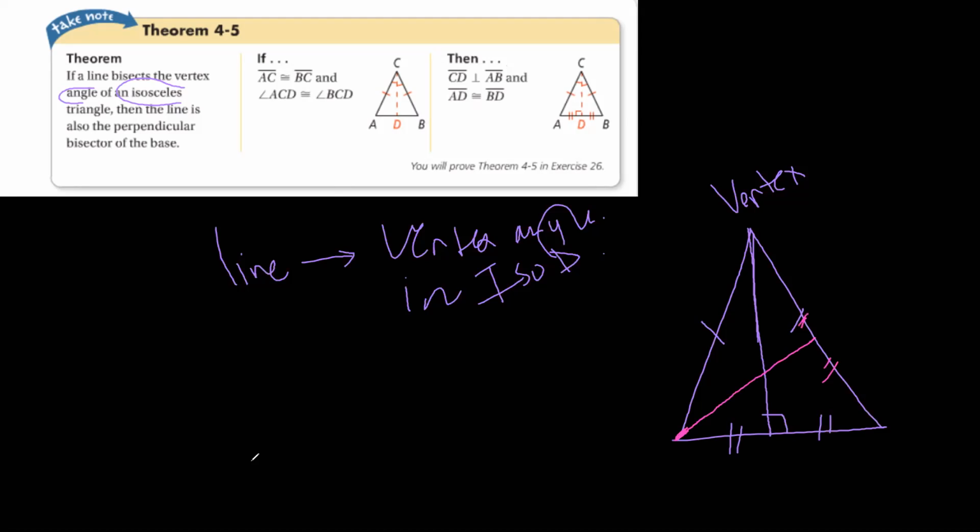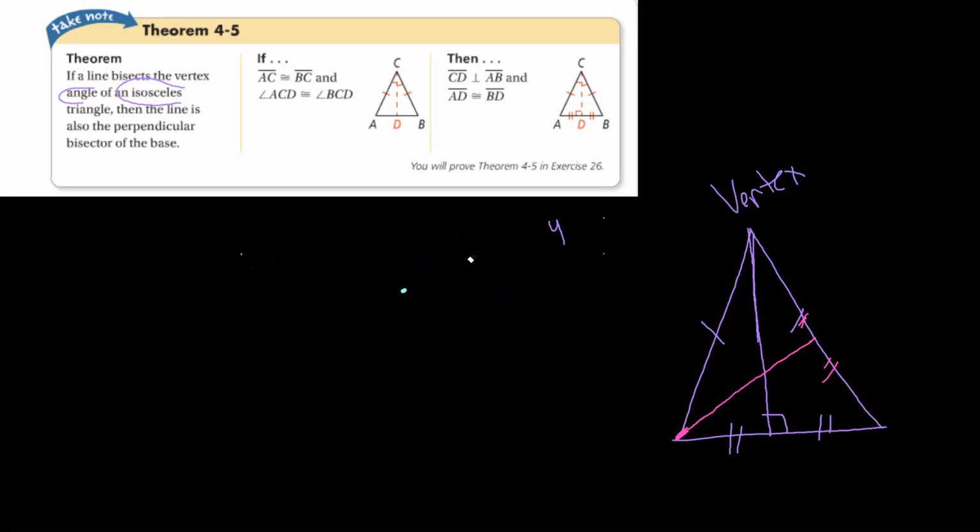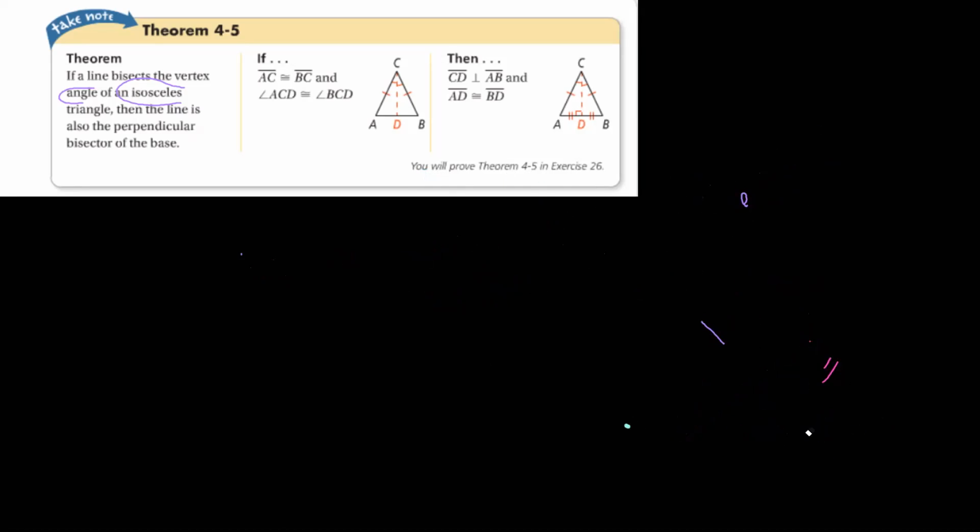Now I remember. Okay. Now, after that, I want now to prove this theorem, and this proof is not written in your book because, as you see here, you wrote you will prove theorem 4.5 in exercise 26. So let's prove this theorem now.